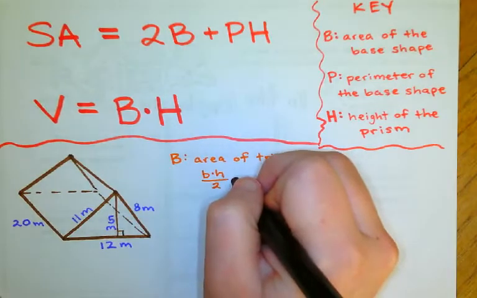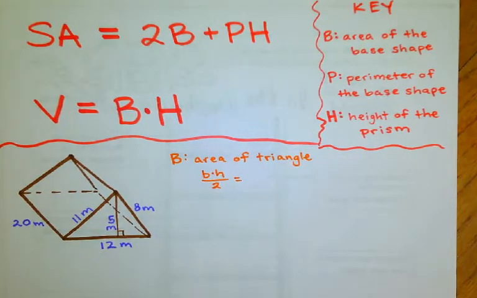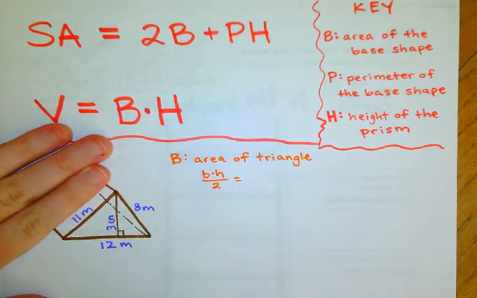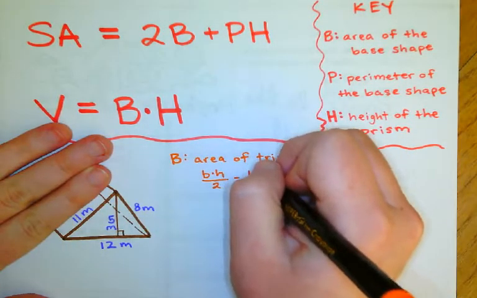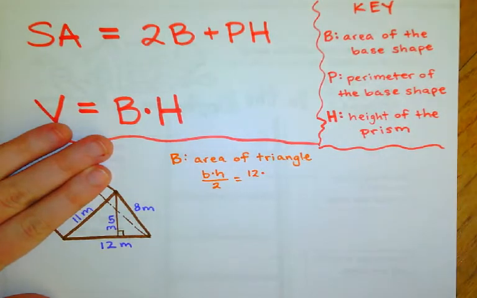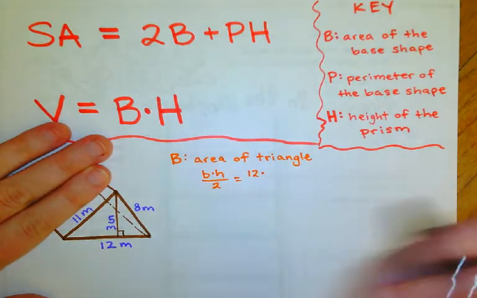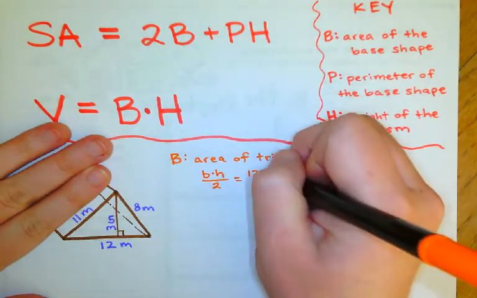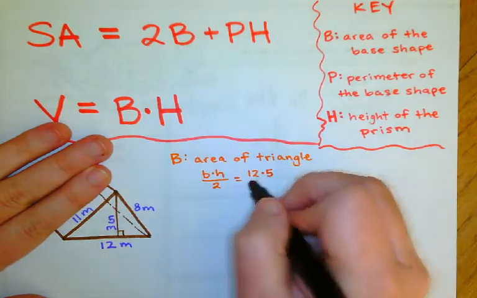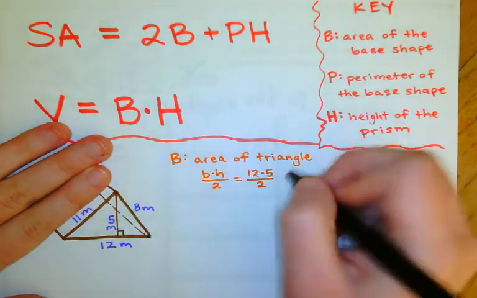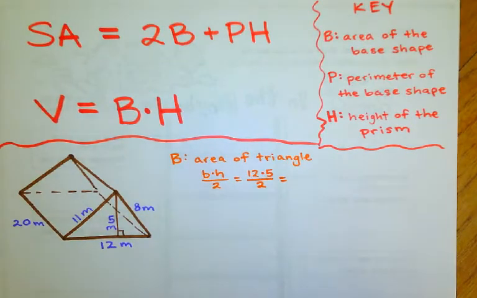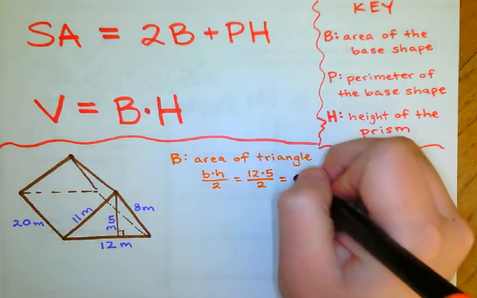So what's our base of just the triangle? The base of our triangle is 12. What's the height? The height of our triangle is 5. See that 90-degree angle? That tells you your height. And then we're going to divide it by 2. So our capital B is 12 times 5 divided by 2, 30.